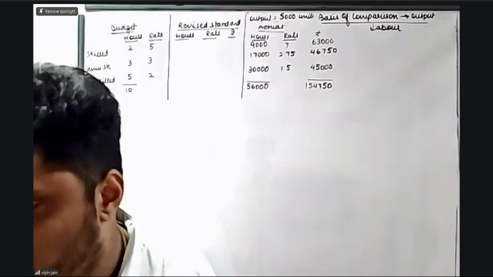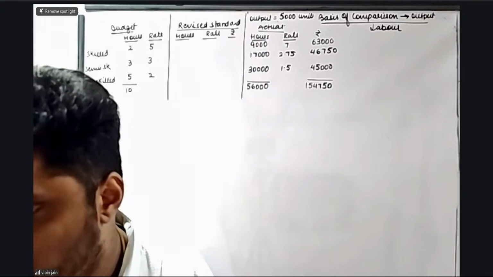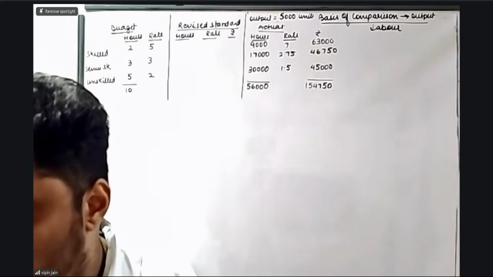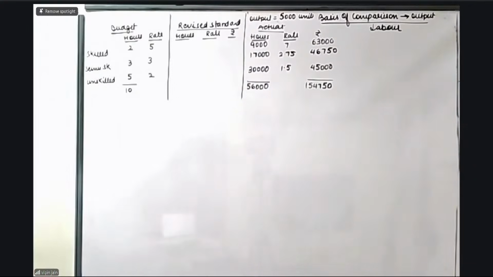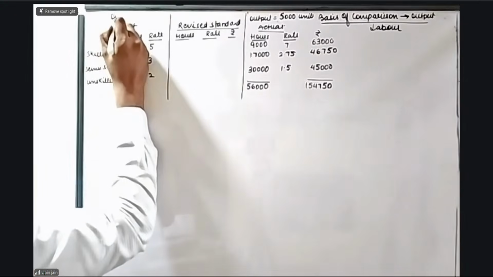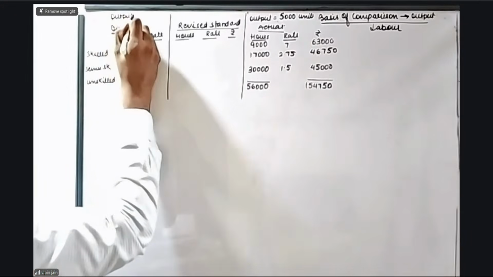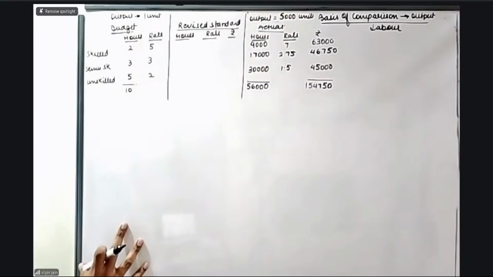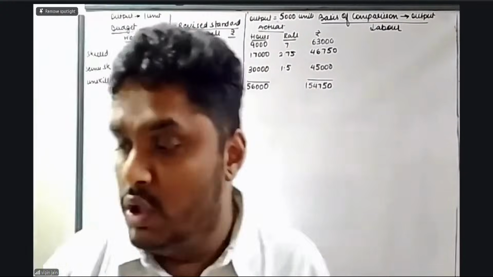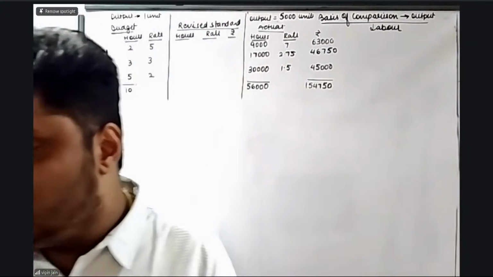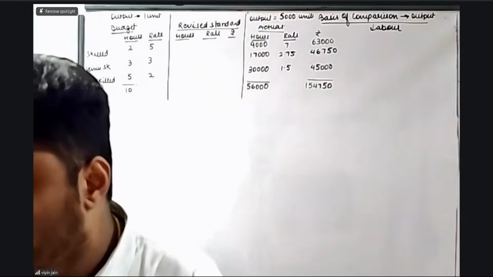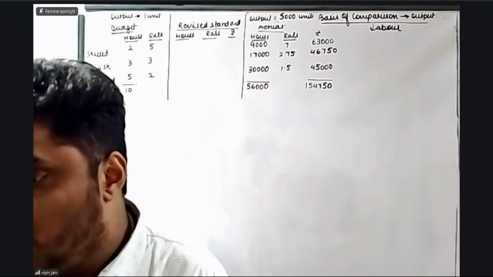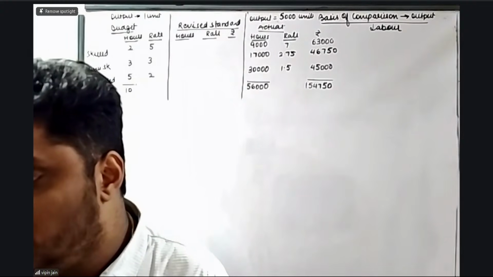Very good, Nikunj. Now it is correct. Budgeted output is 1 unit. Actual output is 5,000 units. So what will be my revised hours? Yes. Nikunj, it is correct. Lohit, it is correct. Khushi, please check the number of zeros.